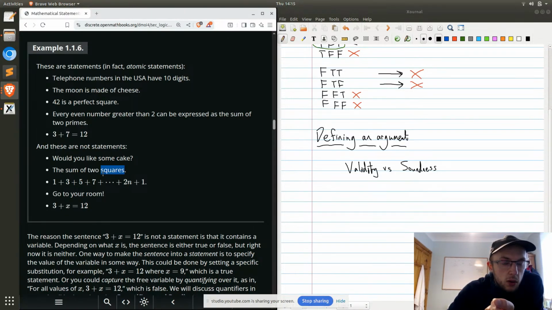Statement two, I guess I might say expression two or sentence two. Yeah, I could say sentence two is just naming something. Similar to sentence three. Sentence four is an imperative. It's telling you to do something.